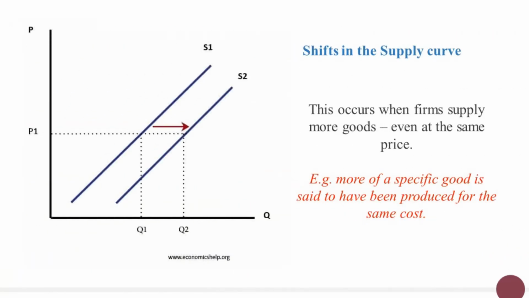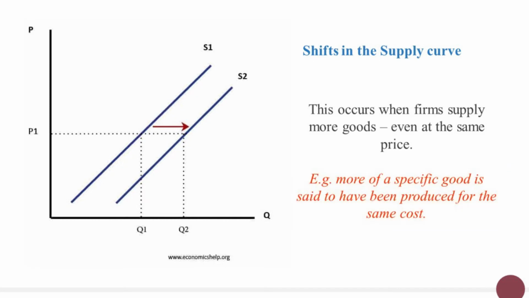In our second chart, let's analyze the shift in the supply curve. This occurs when firms supply more goods, even at the same price. Example, more of a specific good is said to have been produced for the same cost.